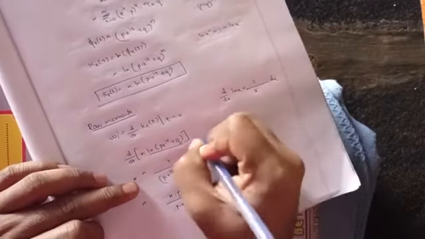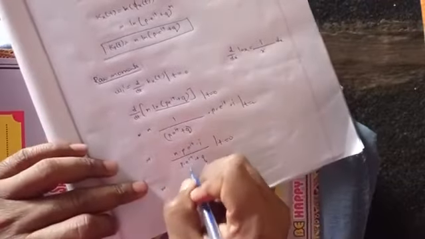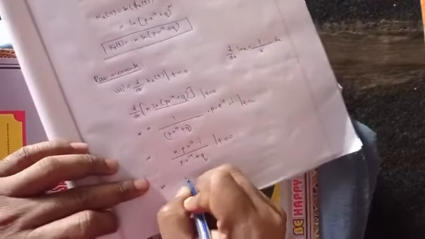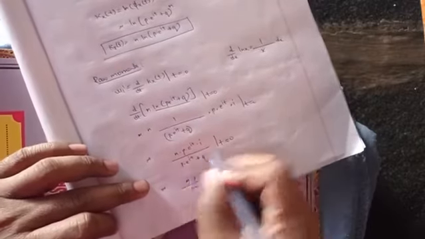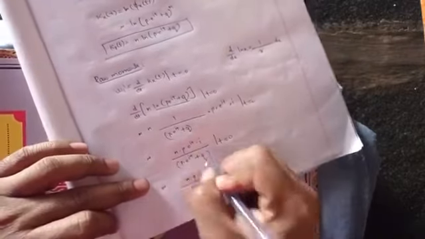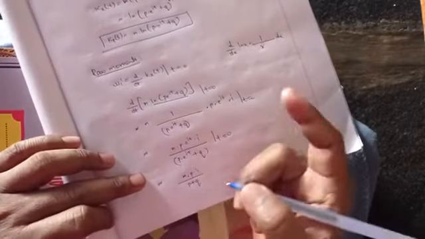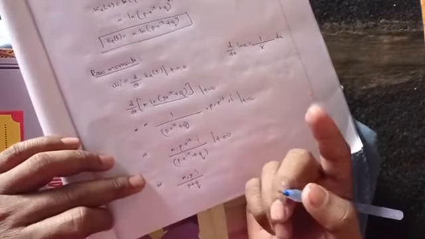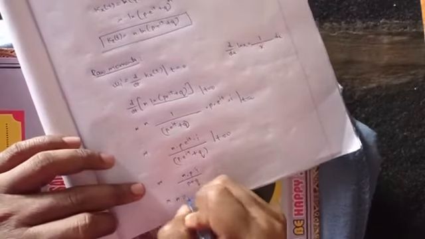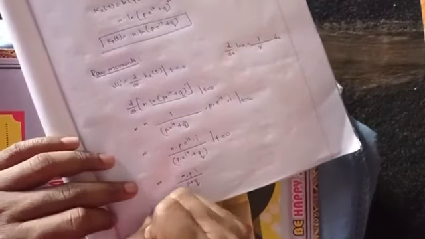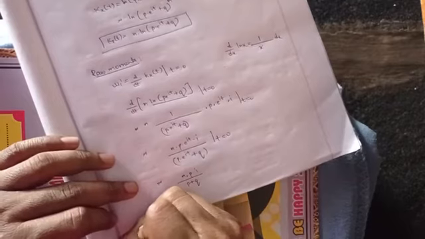Now substitute t equal to 0. What will happen? The e power it terms become 1. What will be the remaining term? n into p into i by (p plus q). What is p plus q? p plus q is nothing but 1, right? Therefore we have n into p into i, that is mu1 dash.